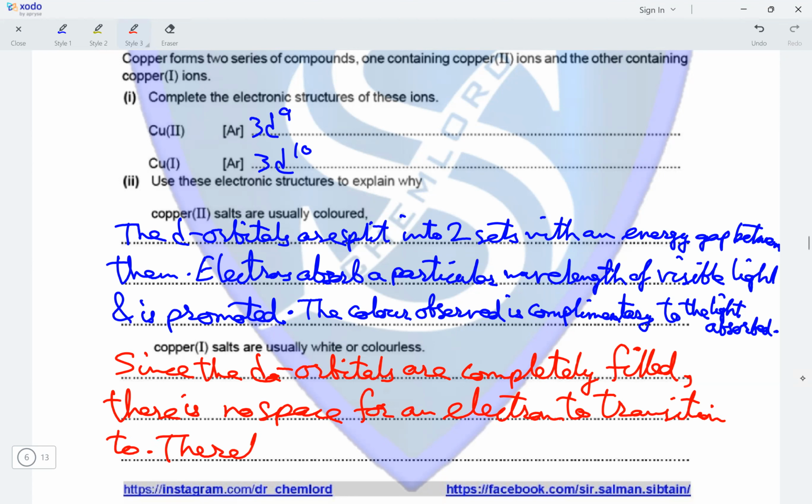Therefore, copper 1 salts are white or colorless. If the electron does not absorb visible light, a complementary color will not be observed. And if there is no complementary color, then that means that there is no transition of electrons. So the salts would be white in the solid state, and if soluble, colorless in the aqueous state.